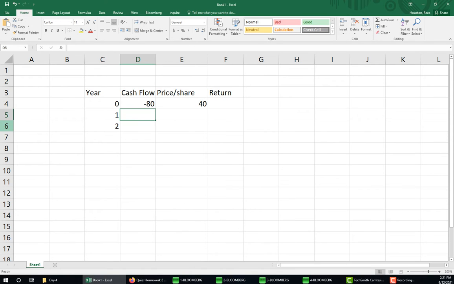Next, the next year, you receive a $1 dividend per share, so we have 2 shares times $1 per share, and we also buy an additional share. That additional share was $45. And so our total cash flow is negative $43.